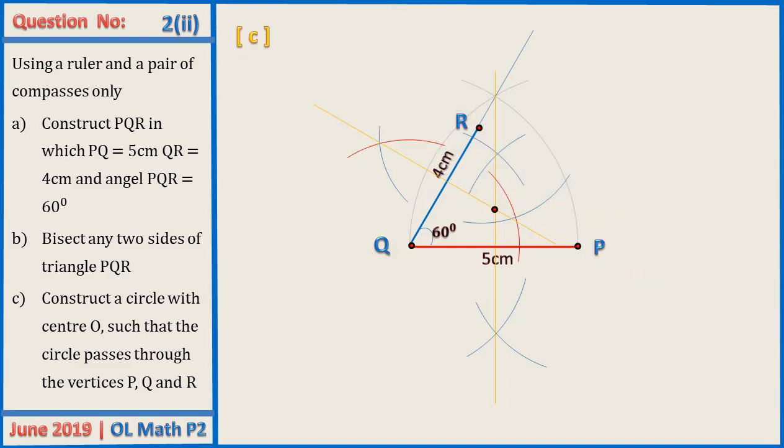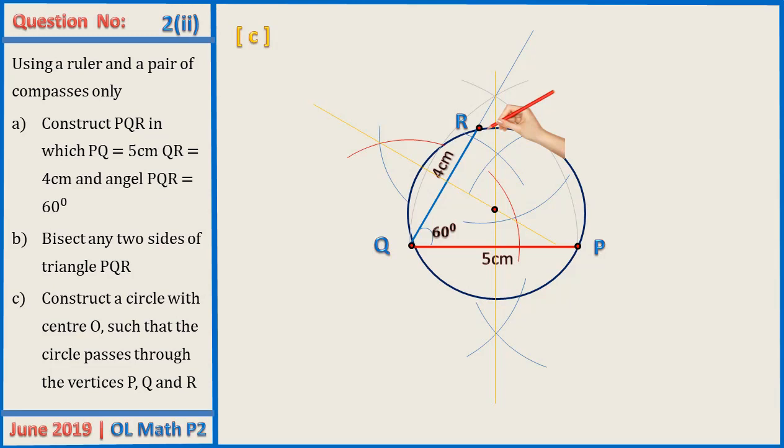Now I have the point of intersection of these two lines there. I'll now place my compass at that point, open it out to any of the ends and make a circle. You can see this circle is called a circumcircle.